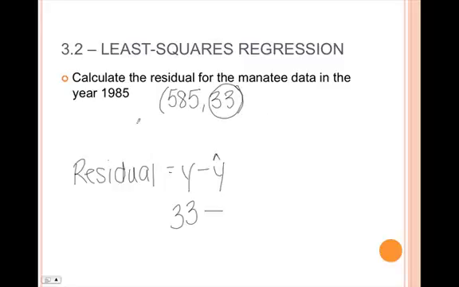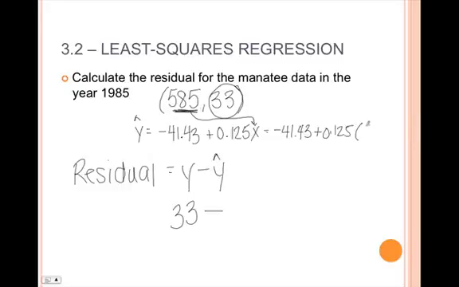Well, I have my least squares regression line, and I have it written down from when we did this problem. It's negative 41.43 plus 0.125x. And so to get y hat, I need something to plug in for x. Well, I'm going to plug in this x value. So this is going to be negative 41.43 plus 0.125 times 585.